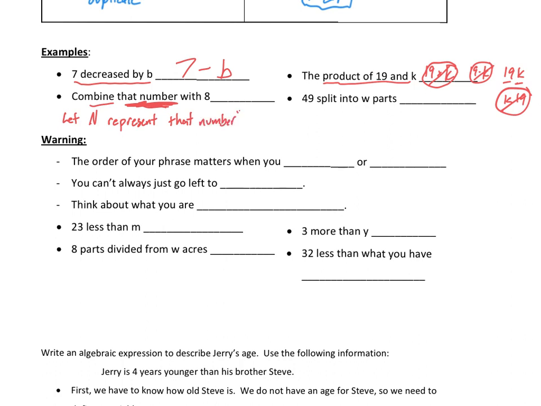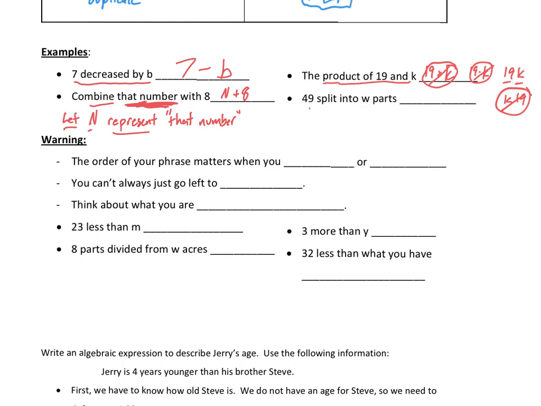So it's a let, the phrase is let, whatever the variable is, represent whatever we want it to represent. So let n represent that number. So now combine that number with 8. So we have n plus 8. Does order matter with addition? No, it will later with some other things.